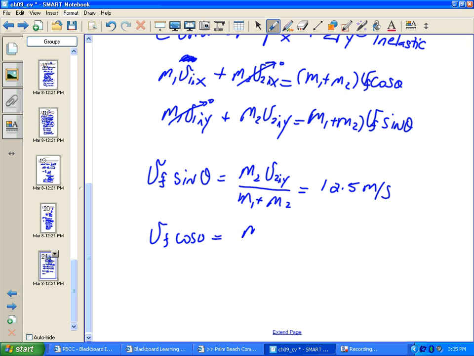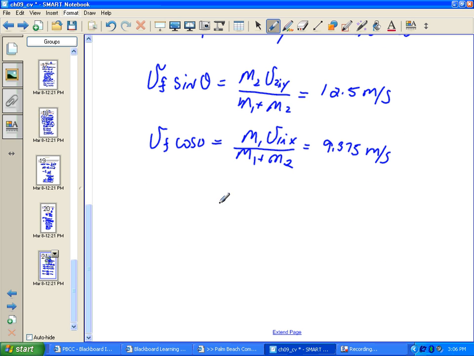We get M1 V1 initial x divided by M1 plus M2. Plug in our numbers. M1 is 1,500 kilograms. V1 initial is 25 meters per second in the positive i-hat direction. Divide that by 4,000 and we get 9.375 meters per second.